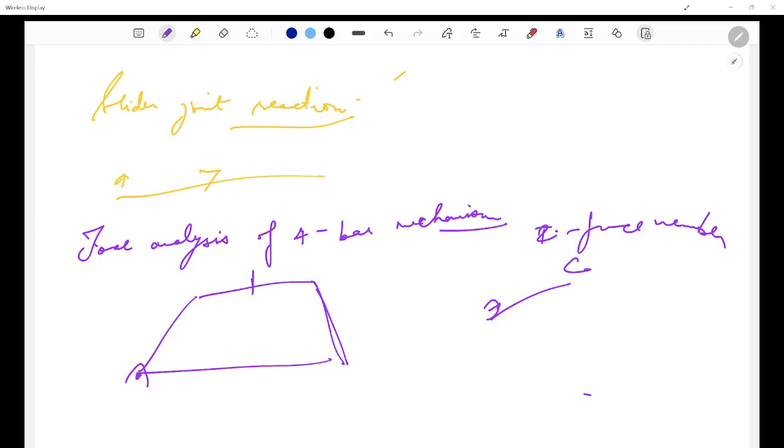Thus force acts along the coupler. And for link 4, forces can include some reaction from link 3, ground reaction, and some external load. Thus link 4 becomes a three force member. So the three forces must be concurrent. Thus their lines of action must intersect at one point. This helps determine the unknown directions.